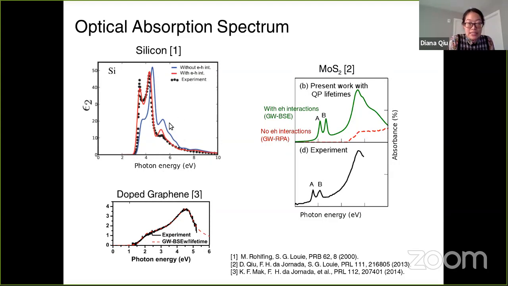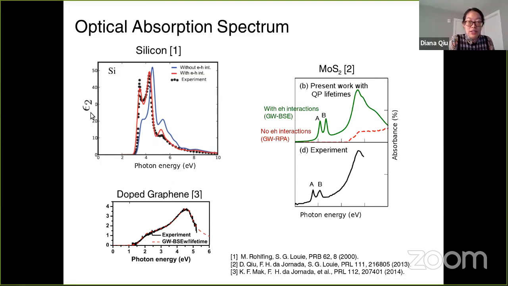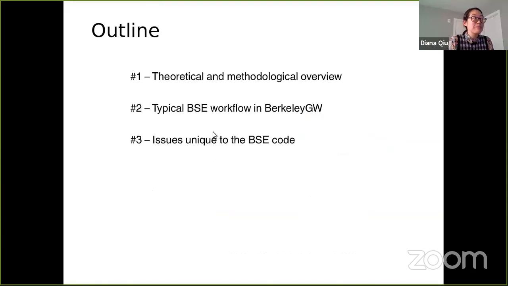You can see it doesn't agree with experiment even at the qualitative level. But after you include the electron-hole interactions through the Bethe-Salpeter equation, you get this red solid line here, and you see excellent agreement with experiment. So it's really necessary to do this in order to get a qualitatively correct optical absorption spectrum.